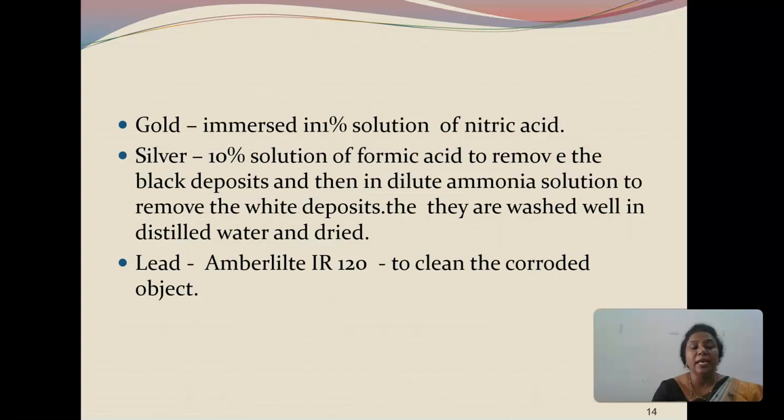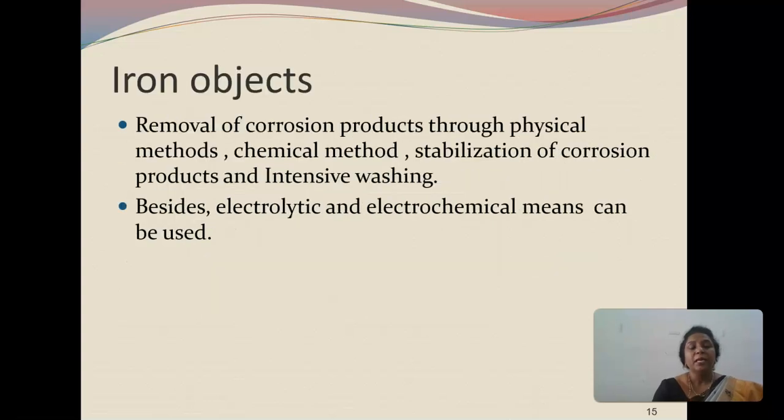Like that you can preserve silver objects. And for lead also, there are some procedures. For iron objects, we have to remove the corrosion, and that can be removed through chemicals.